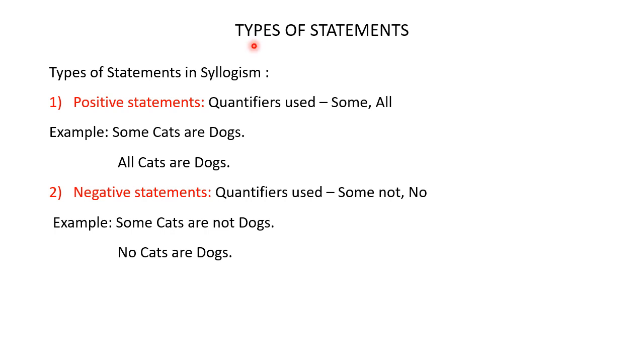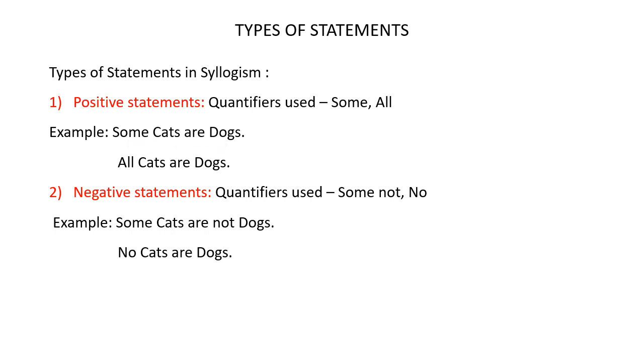Let's now learn about the different types of statements. The different types of statements in syllogism are positive statements and negative statements. The quantifiers used in positive statements are "some" and "all". For example, some cats are dogs.